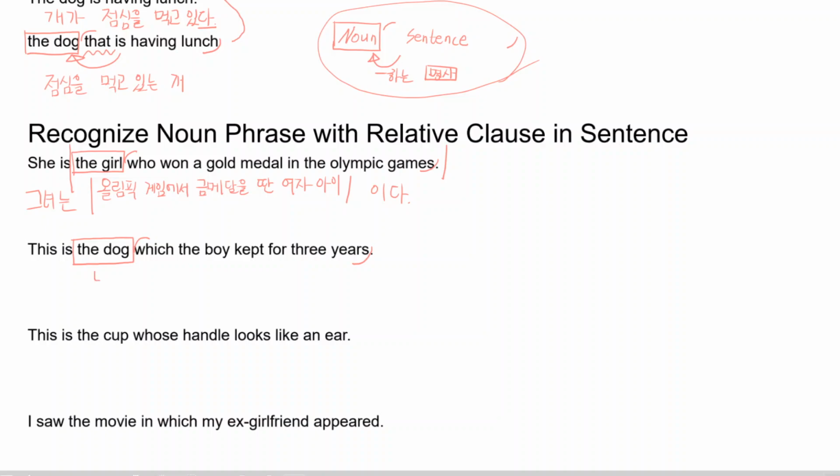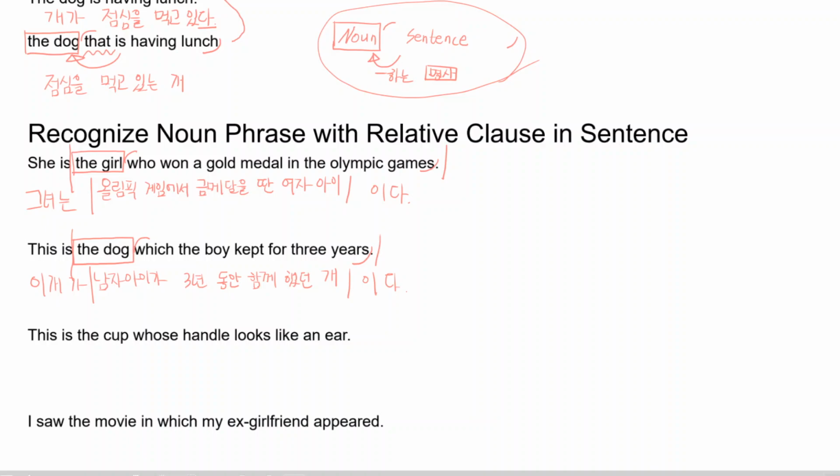So 남자아이가 3년 동안 가졌던, 함께 했던 개. Right? So from here to here is here to here. So this is 이 개가 남자아이가 3년 동안 함께했던 개이다. So this is the correct translation of this sentence. Next one.